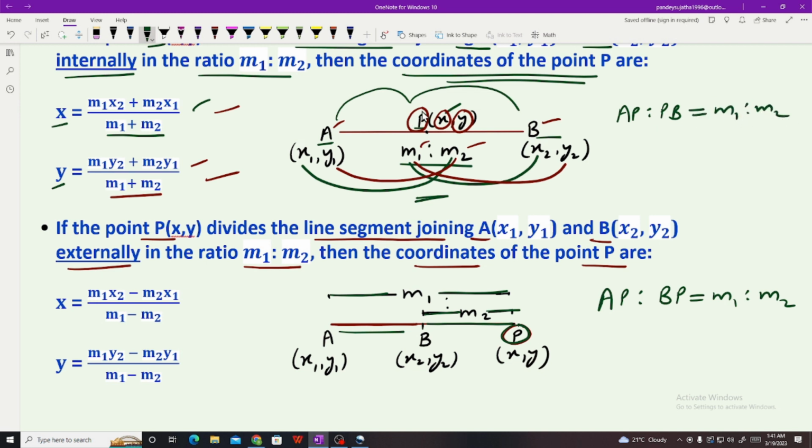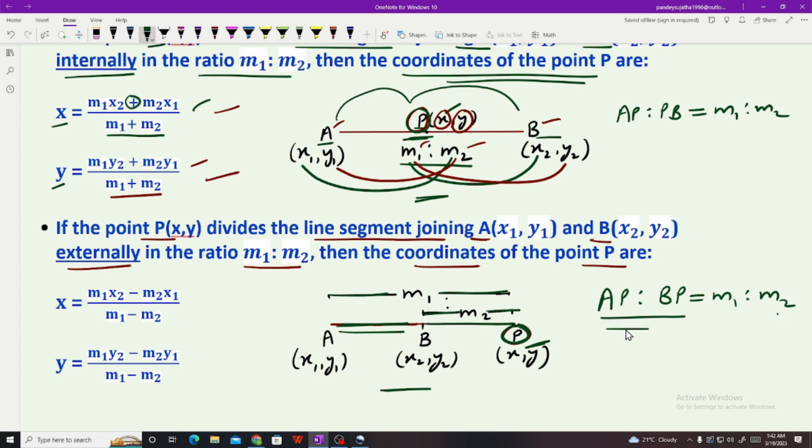The point P was dividing the line segment internally there, but here the point P is dividing this line segment externally, that is AP upon BP is equal to m1 is to m2.